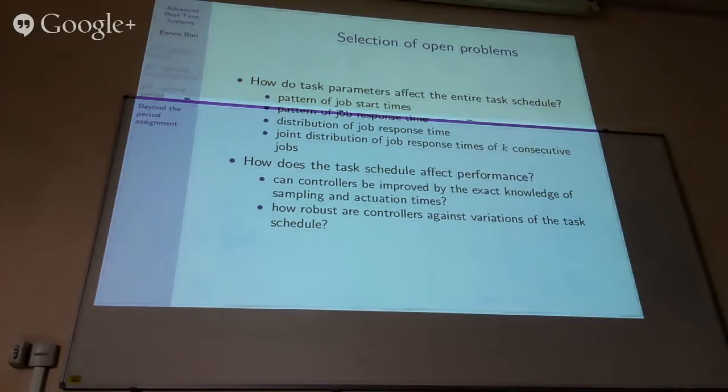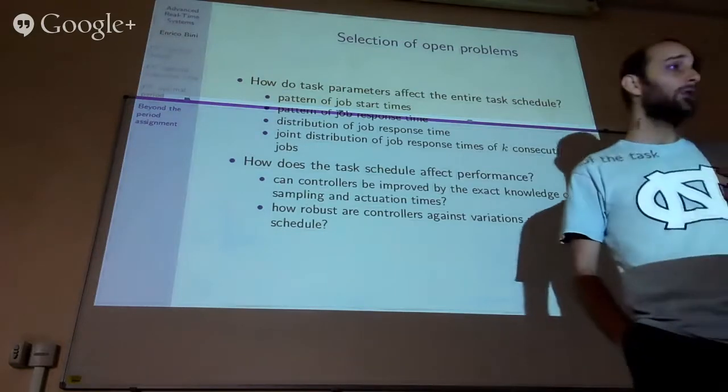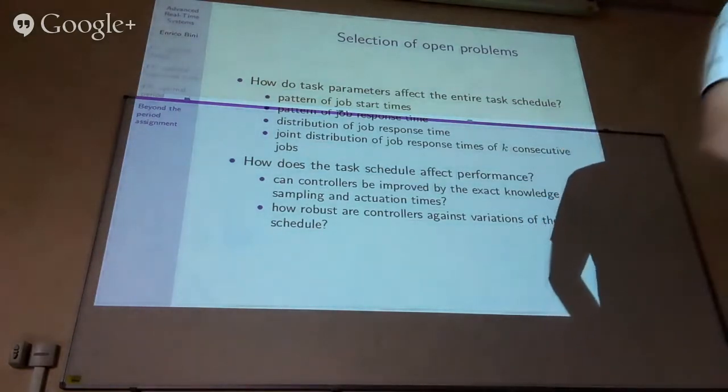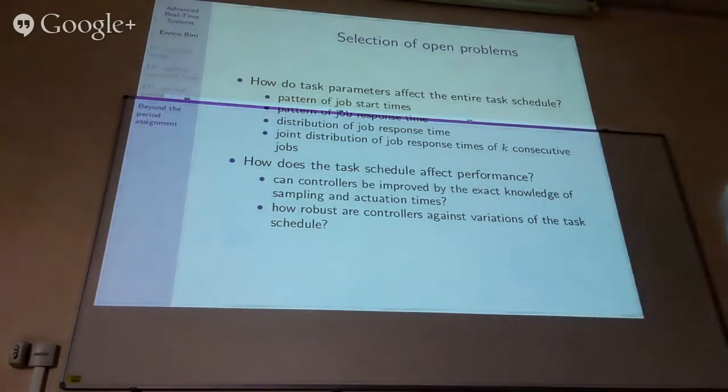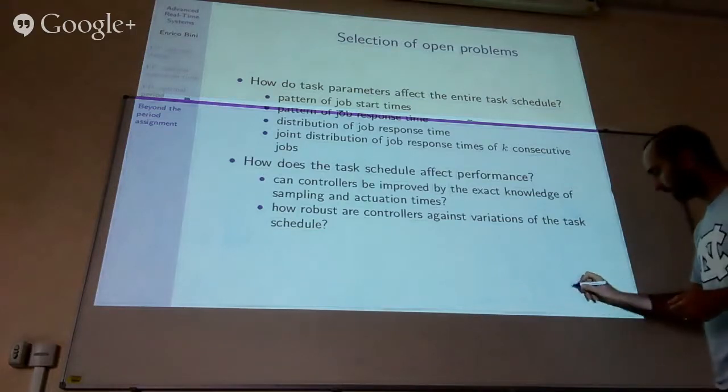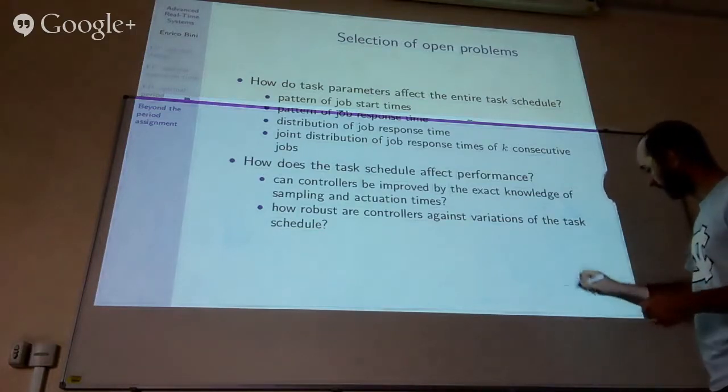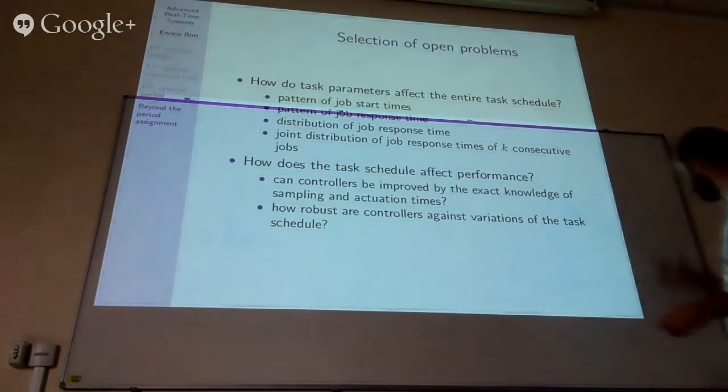For example, how do the task parameters affect the task schedule? For example, the pattern of job start times. We know that in fixed priority you have this high priority task, and then we have this lower priority task, and then this.